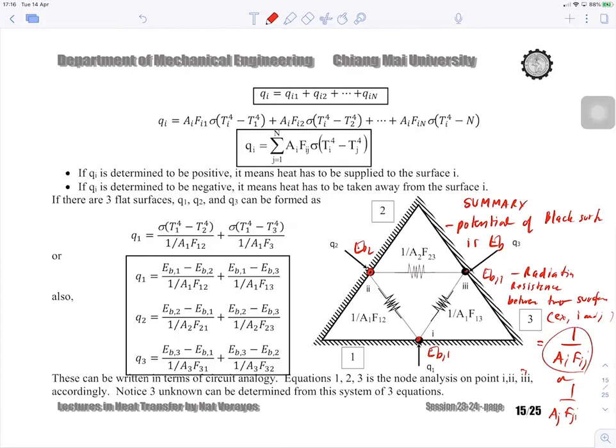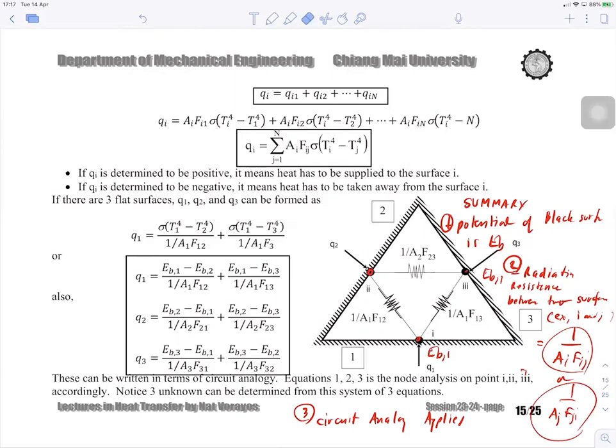Doesn't matter because these two are equal anyway by the reciprocity relation. Okay, and this is the summary: the first one, and the resistance, second one, the third. Okay, circuit analogy applied.